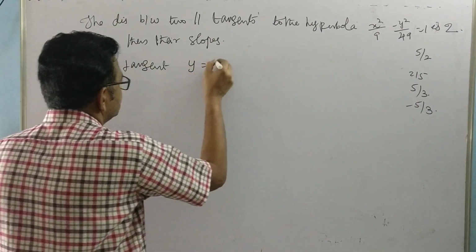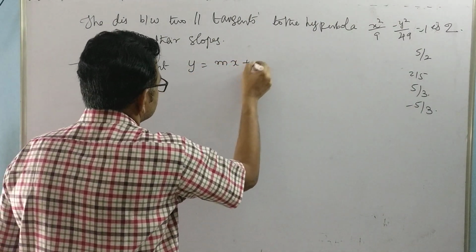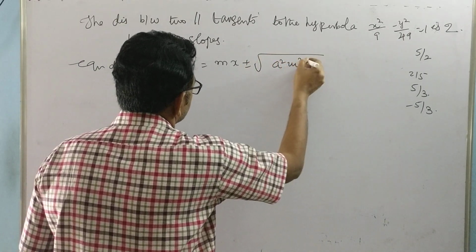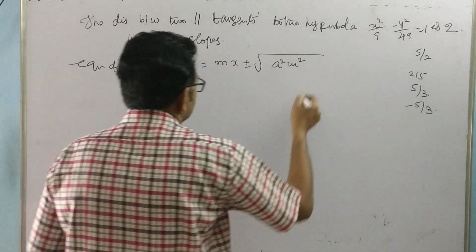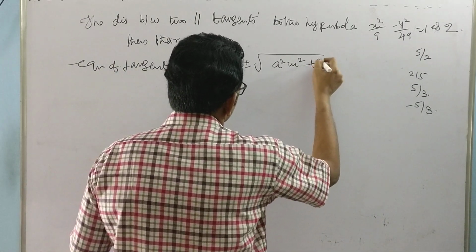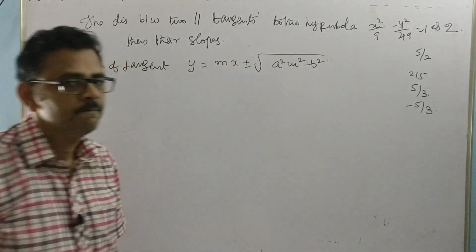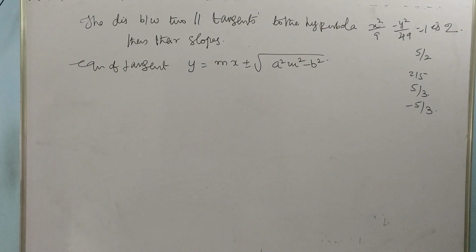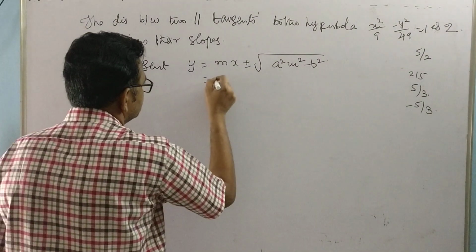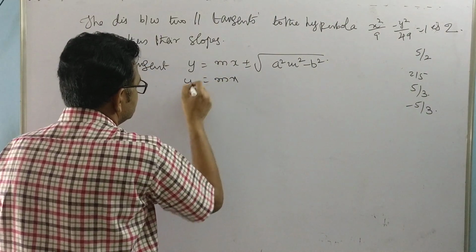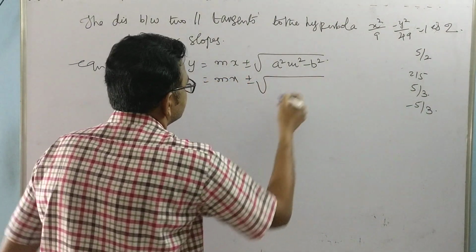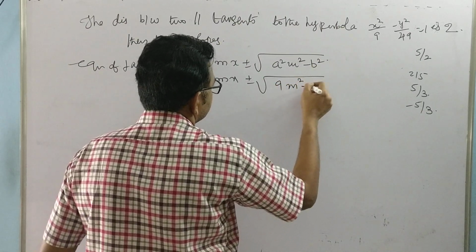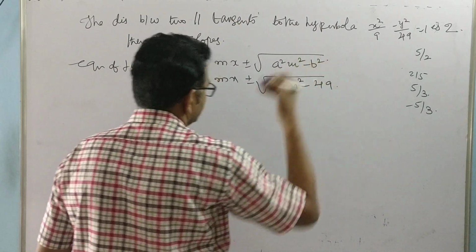The equation of tangent to the hyperbola in slope form is y is equal to mx plus or minus root of a square m square minus b square. That is y equal to mx plus or minus root of 9m square minus 49.